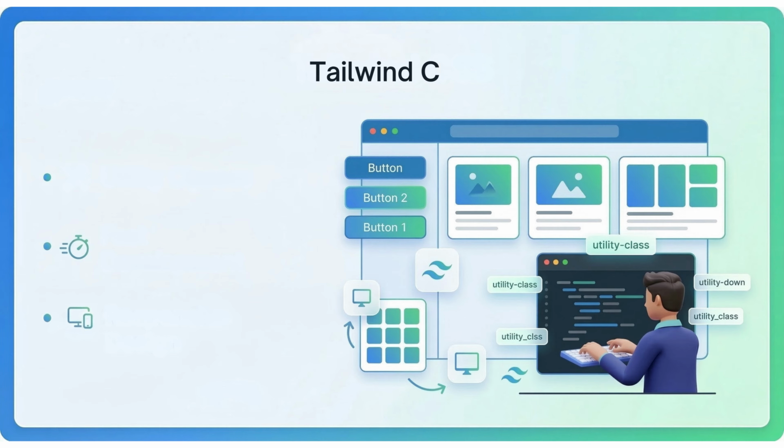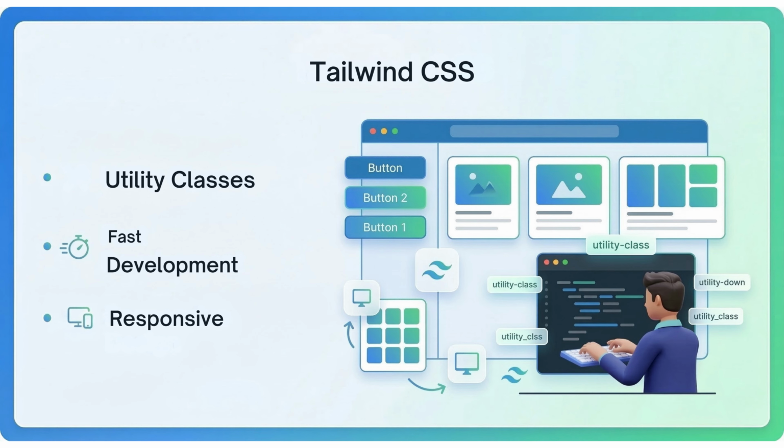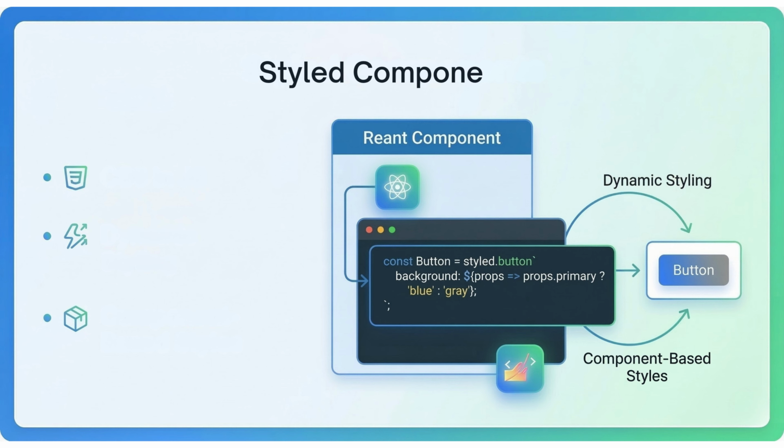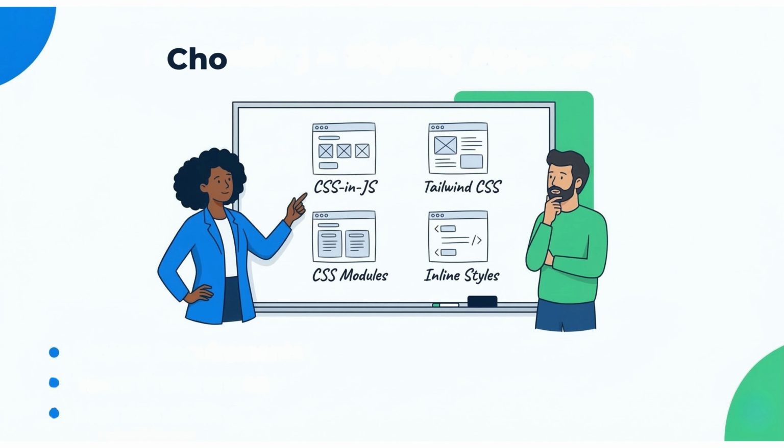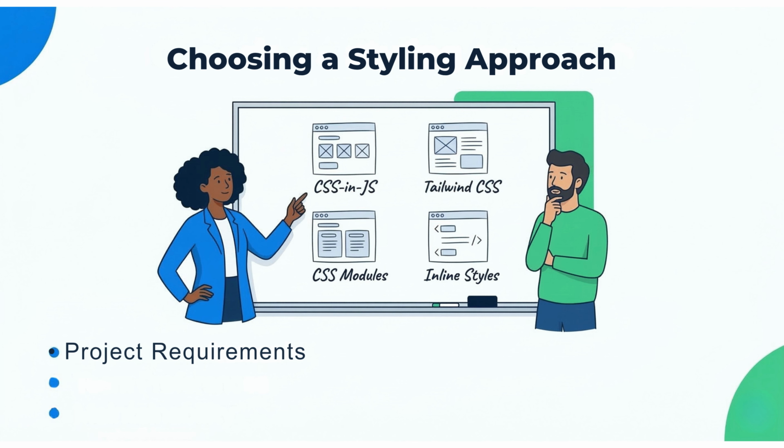Many modern applications use Tailwind CSS, which provides utility classes for building interfaces quickly. Another popular method is styled components, where styles are written directly inside JavaScript. Choosing the right styling approach depends on the project and the team's preferences.